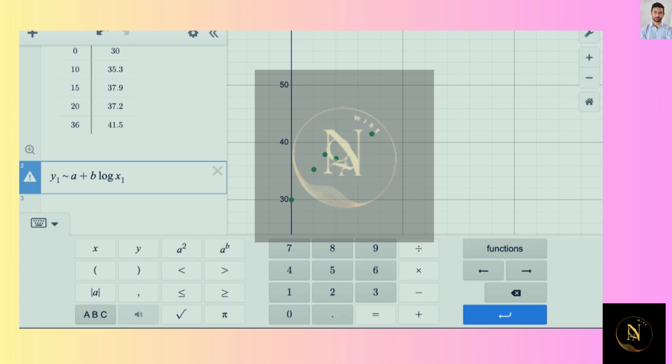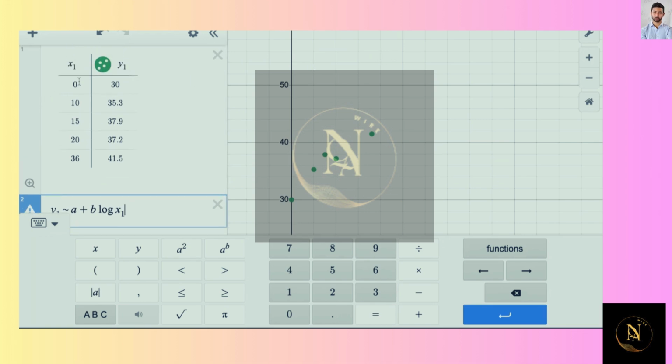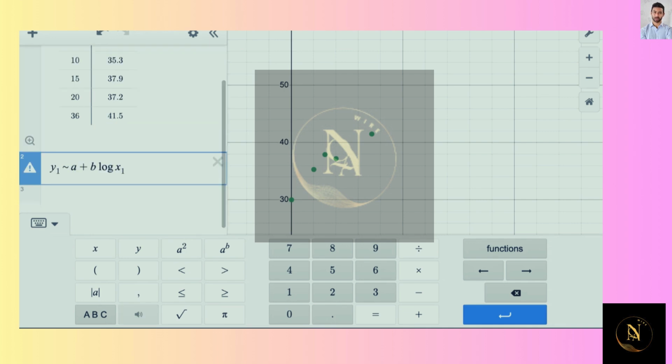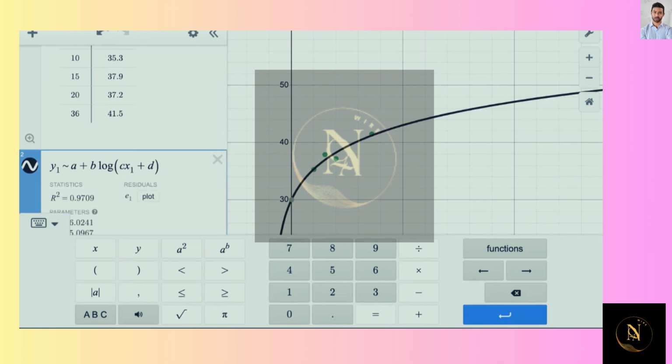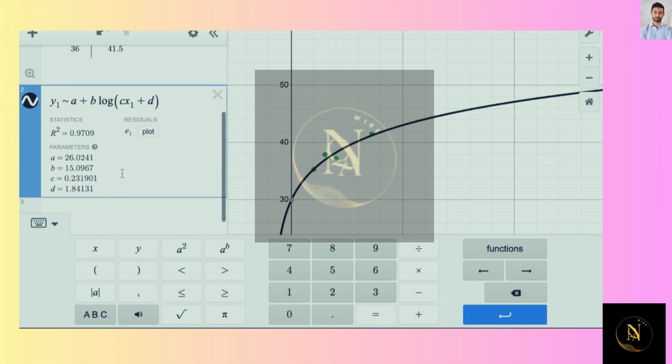I bet this is having a problem with 0. We can say cx plus d, and I bet that will work if we give it more options. Okay, so there we go. This is a version.